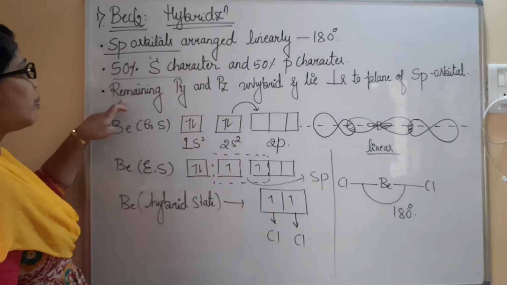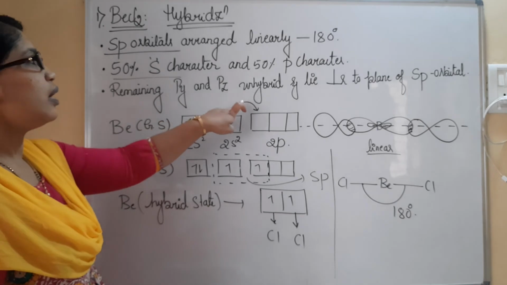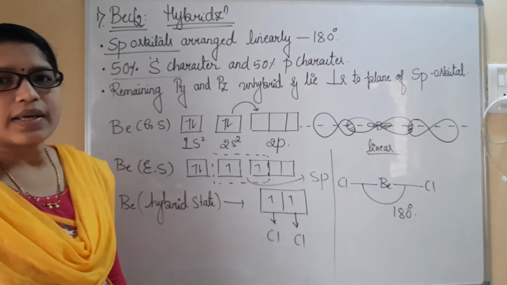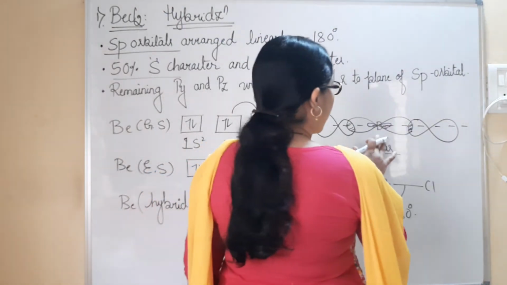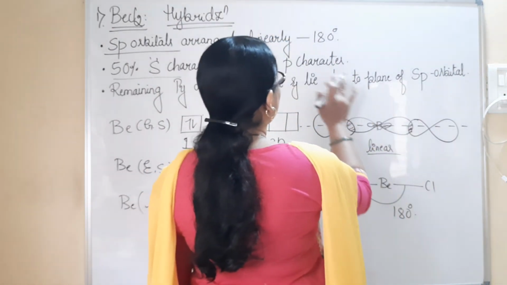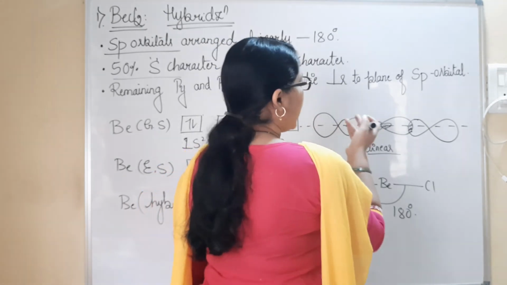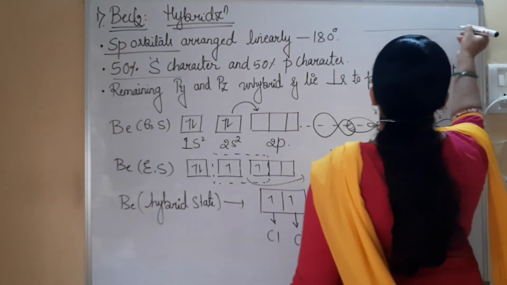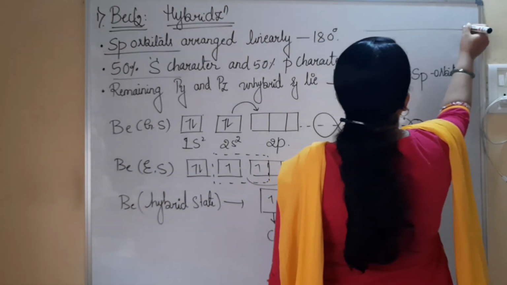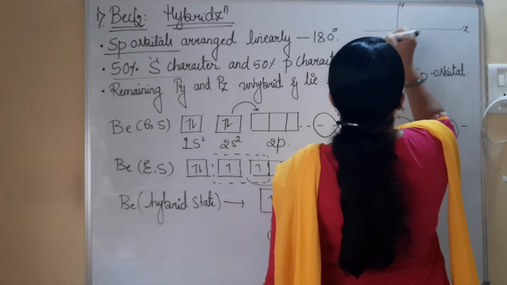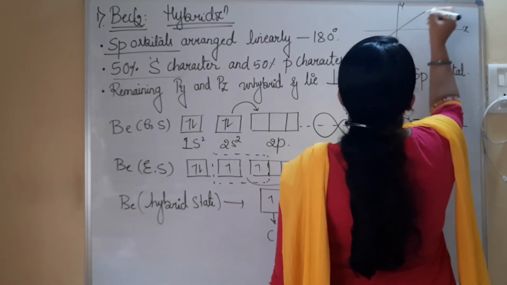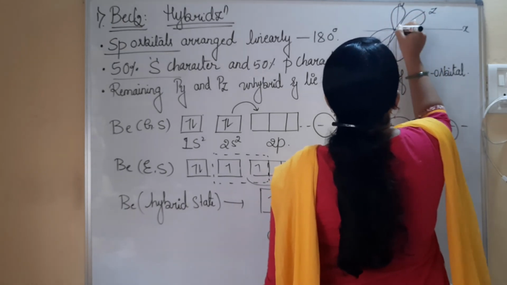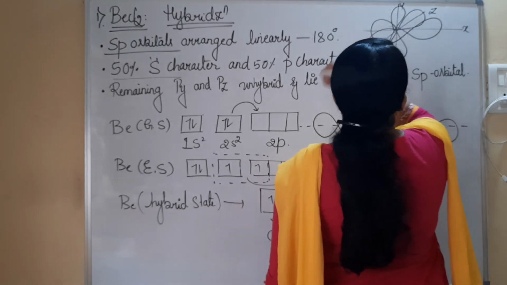So now the remaining py and pz unhybridized orbitals lie perpendicular to the plane of the sp orbital. After hybridization, we will have py and pz orbitals left. We will have 2 types of orbitals, right? If you consider this the x axis, this the y axis, this the z axis, we will have p orbitals like this, and like this, right?